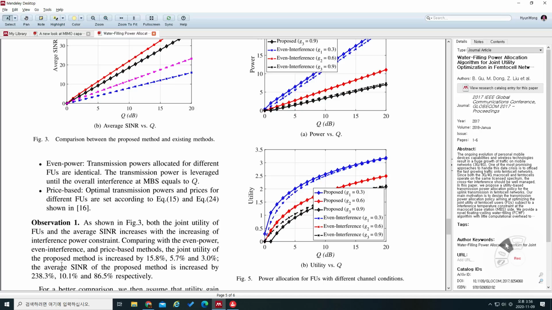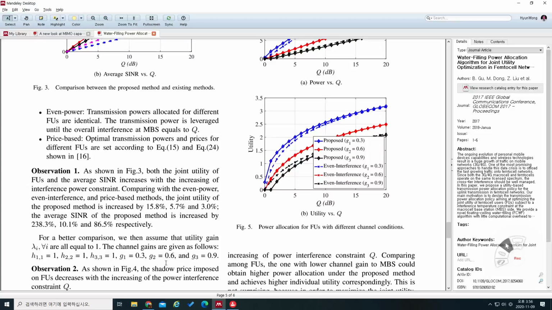The average SINR of the proposed method is increased by 238.3%, 10.1%, and 86.5% respectively. For a better comparison, we then assume that utility gains are all equal to 1.